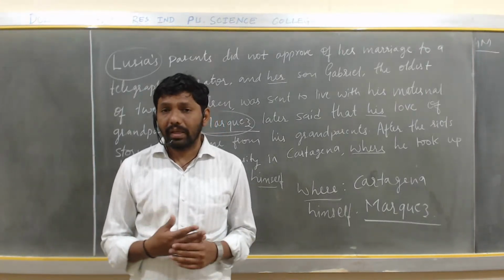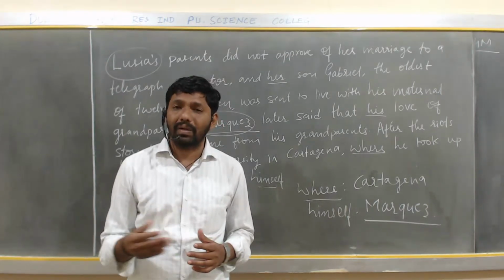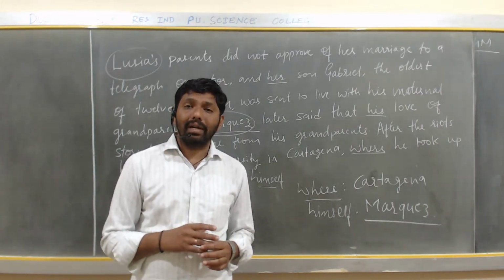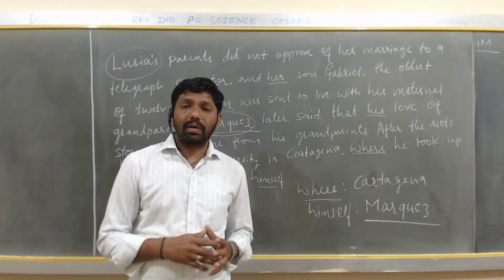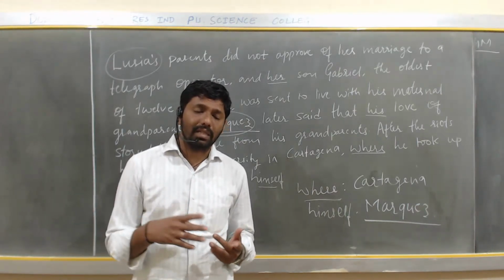In your schooling, you have already come across what a pronoun is and what the types are. But you should keep in mind at least the personal pronouns. There are 3 types: first person, second person, and third person.